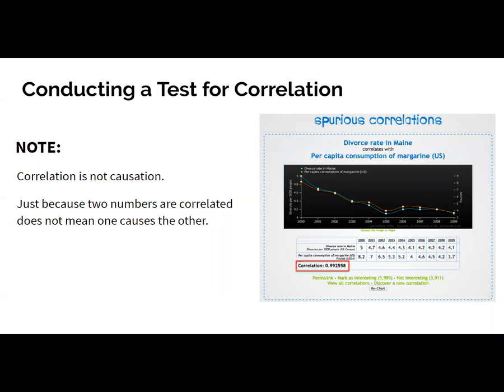So when the margarine use goes up, the divorce rate goes up. So what do you think? And look at the correlation. It's almost perfect, which almost could lead you to believe that, like, please don't use margarine, especially if you're in Maine, because you will get divorced. But that's just not sound.